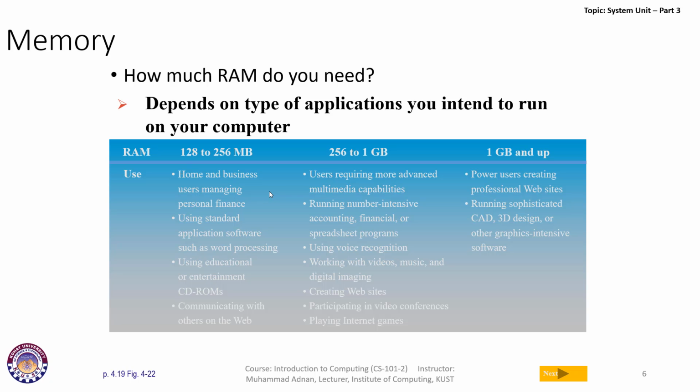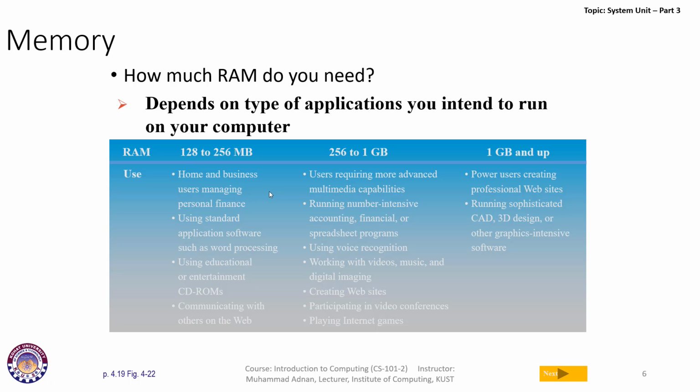You can use computers for educational or entertainment purposes, communication with others on the web. If you have RAM between 256 MB and 1 gigabyte, the user requires more advanced multimedia capabilities, running number-intensive accounting, financial or spreadsheet programs, using voice recognition, working with videos, music and digital images, creating web pages, participating in video conferencing, playing internet games.